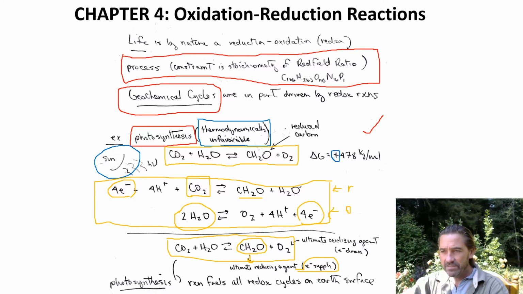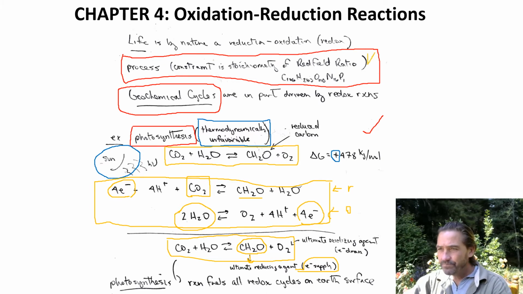We would say that this carbon here in biomass is reduced carbon. It contains a lot of electrons. That is why organisms like us seek out food. Why do we seek out food? It contains a lot of electrons. It contains other nutrients. It contains elements that help us fulfill our stoichiometry. But food contains electrons, and we run on electrons.